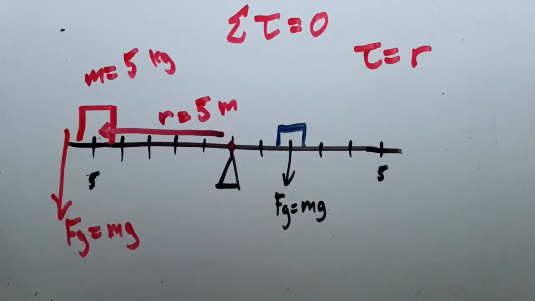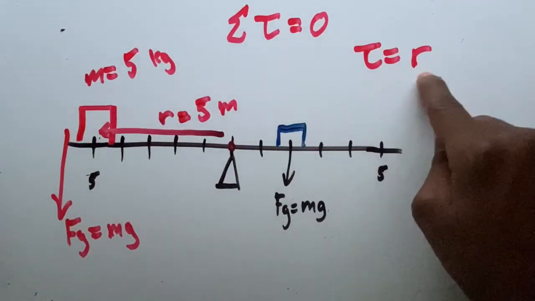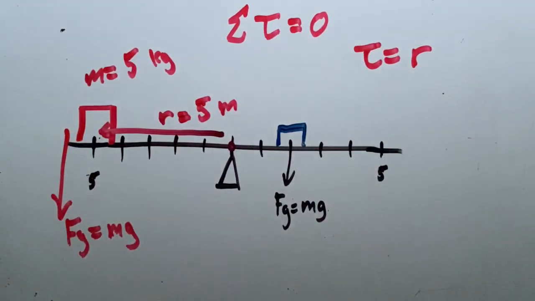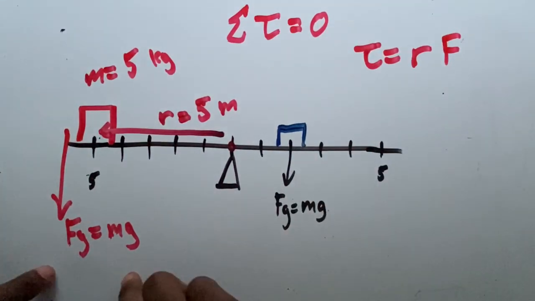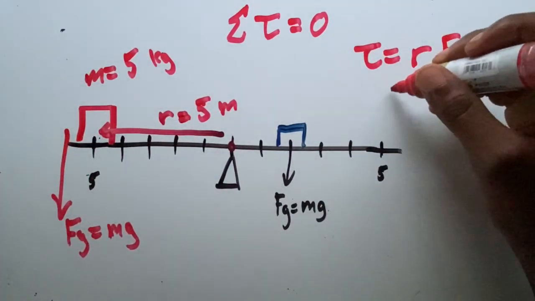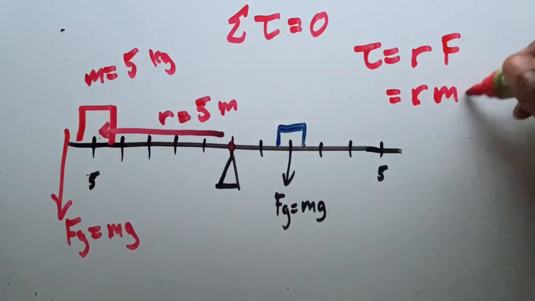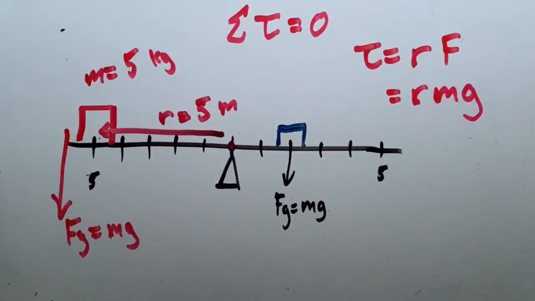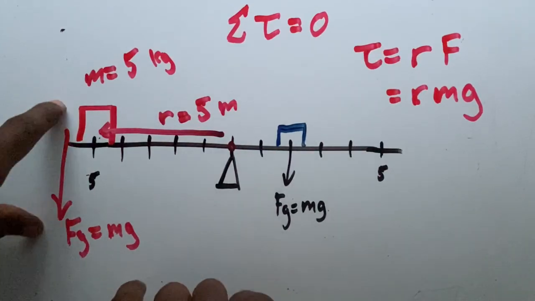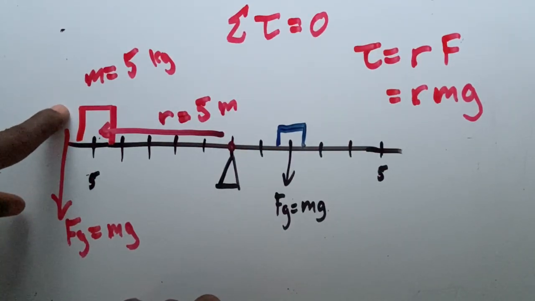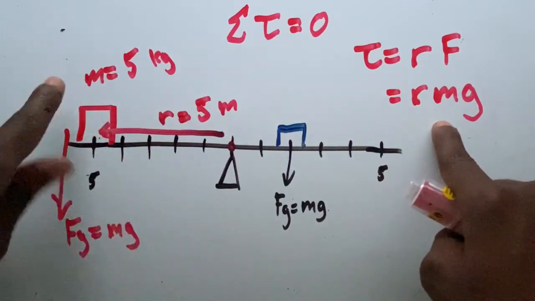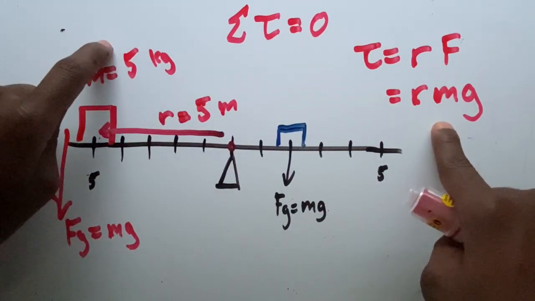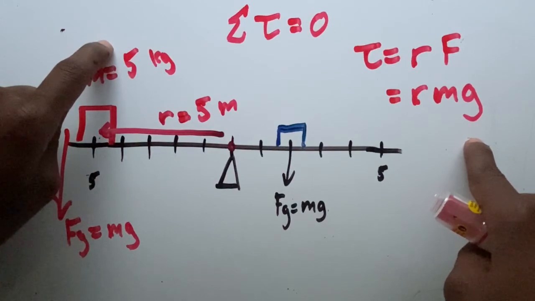All right. And what's the rest of this equation? It's R times F, the force. And the force is mg. So the torque is going to be Rmg. So the torque that this block is applying is R, which is 5, times the mass, which is also 5, times G, which is 10.